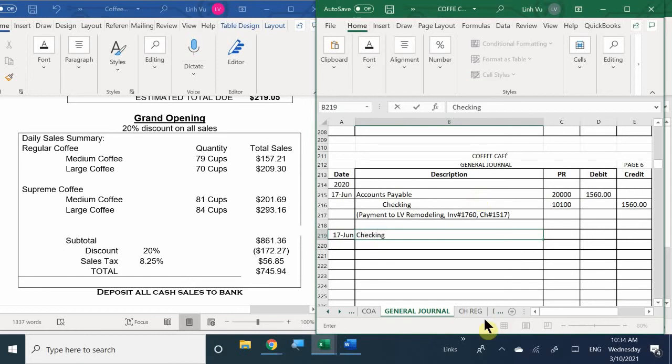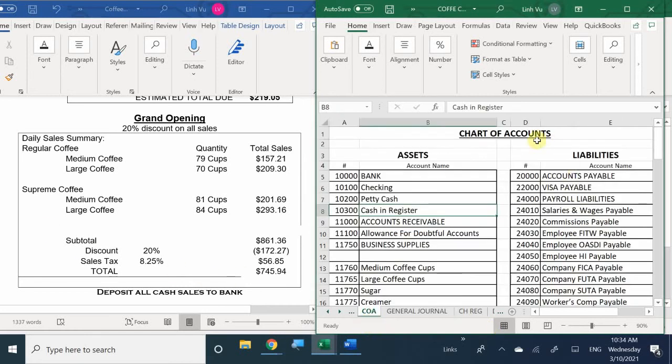All right, which we know to be 10,100. What else do we need to include? Discount. Yes, the sales discount. Now, let's go ahead and check our chart of accounts. Do we actually have a sales discount account?